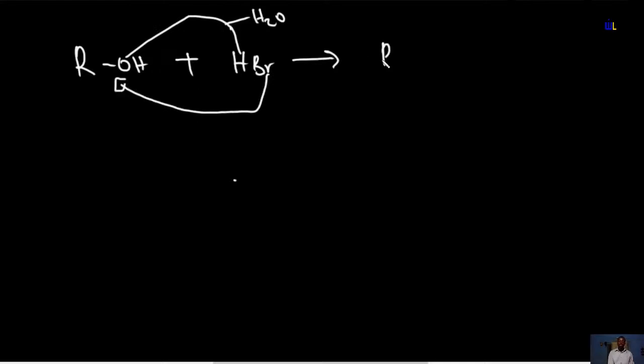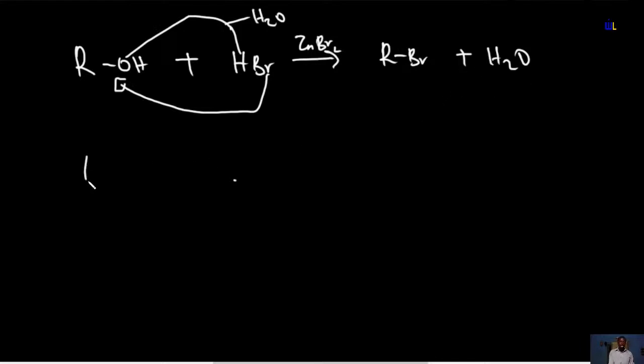So your reaction is going to be R attached to Br plus H2O. For this reaction to occur, one of the major catalysts in this case is a zinc salt of that particular ion, so you have ZnBr2 as the catalyst.